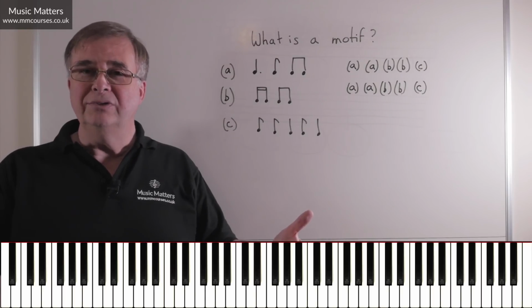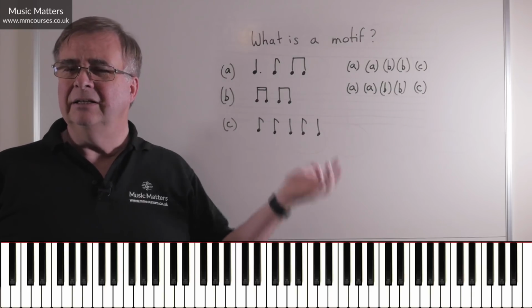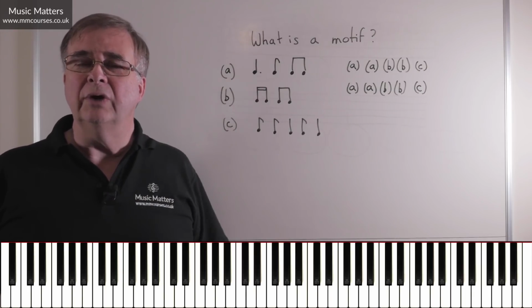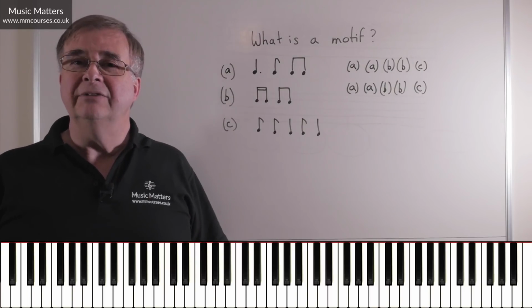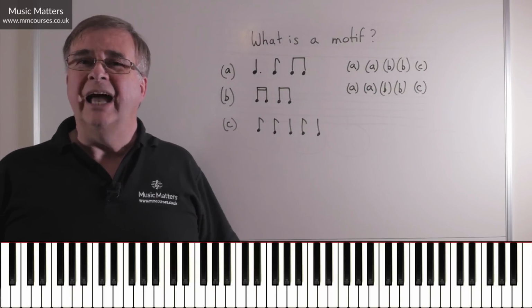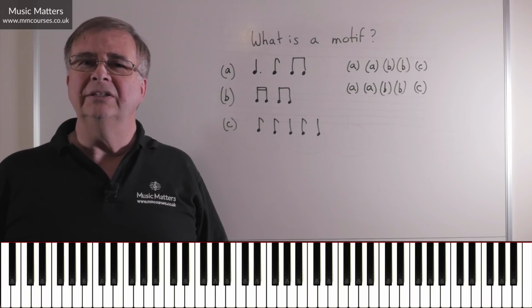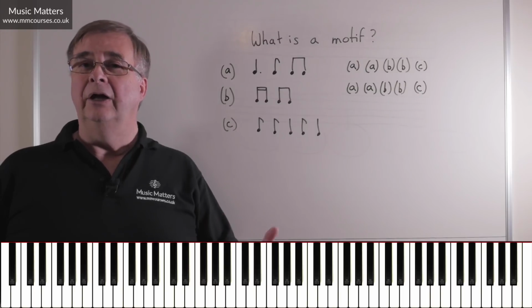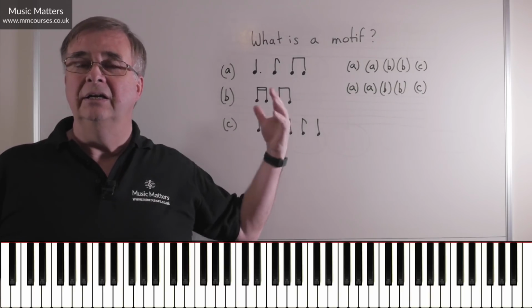So if you're composing and you want to use a motif, here's just a little illustration as to how two of the great Baroque composers went about using a motif in slightly different ways. And I hope that's helpful as a kind of analytical tool in relation to music that you're playing or listening to. I hope it's also helpful as a kind of compositional tool, an idea to work with.